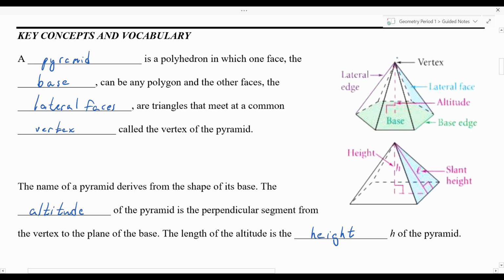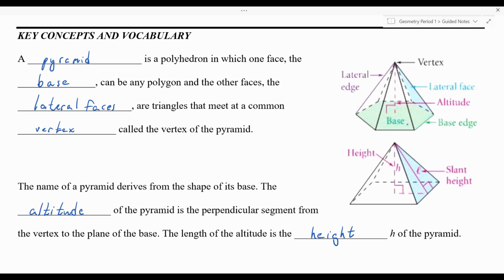The altitude stems from the vertex of the pyramid to the base, and we call this a regular pyramid if the base happens to be a regular polygon and the lateral faces happen to be isosceles triangles, and they're all congruent.